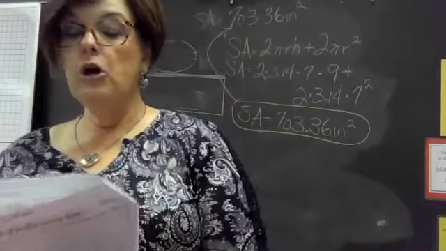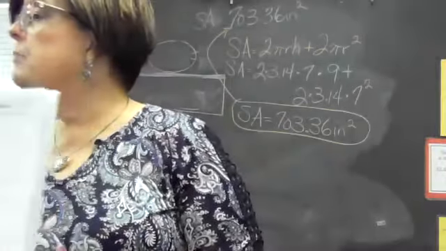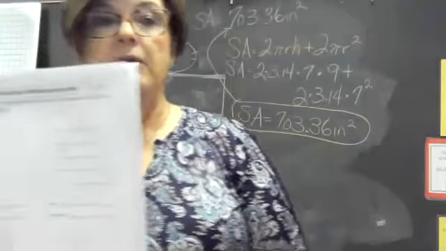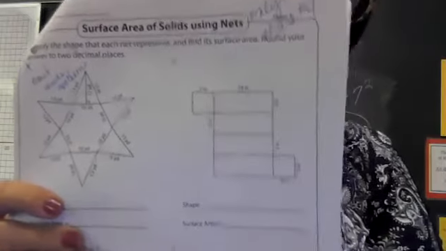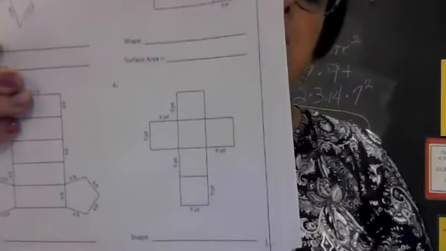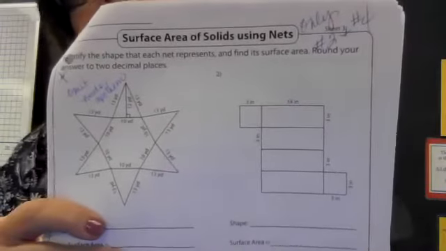Okay, I do want to call your attention to the next page. If you numbered them, it's page 4. It has this star up here. Do you have that, Isabel? Yes, ma'am.